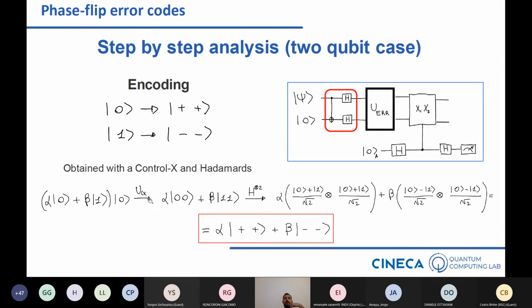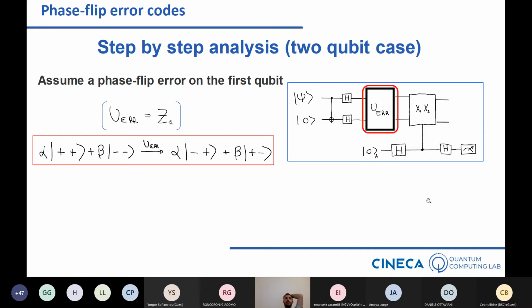We have the control X, which gives you this state, then the Hadamard that gives you this other state, which is exactly alpha plus, plus beta minus, minus. Then we have the error, which is a zeta 1. So let's say that there is a zeta gate applied on the qubit 1, which changes the state in this way.